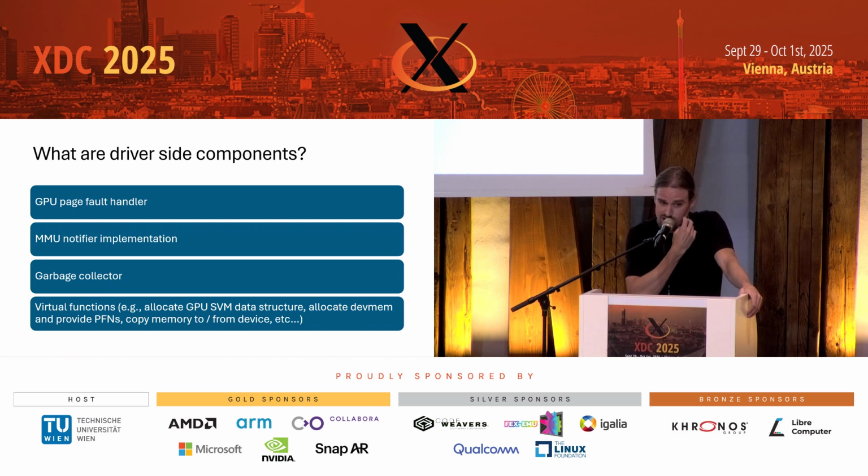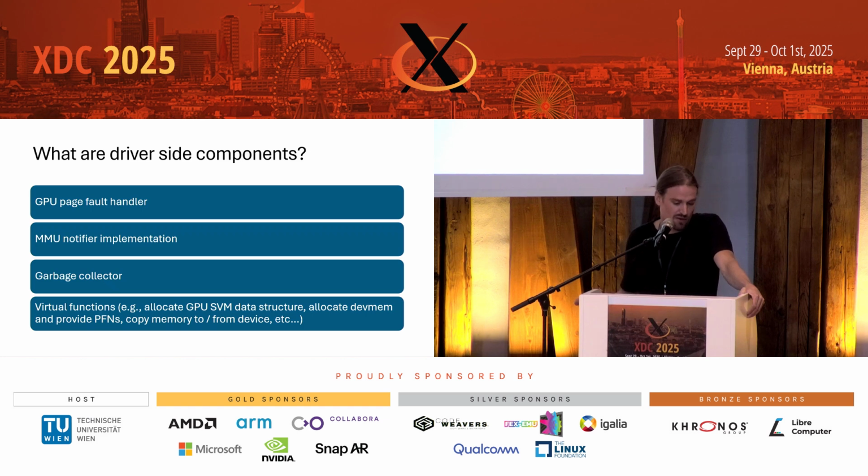The way this is designed, everything on the driver side is designed to subclass the base classes in GPU SVM. So if you need a larger structure with more driver side data, you can allocate that. This is actually very similar to GPU VM. A lot of this design was based on that code.